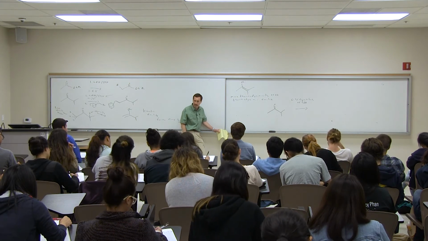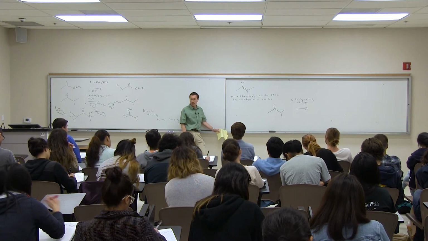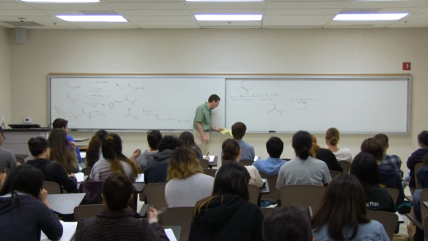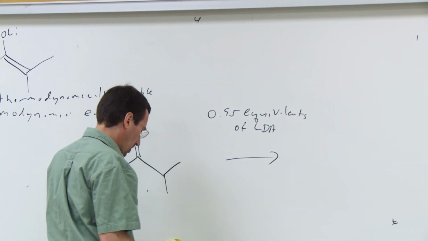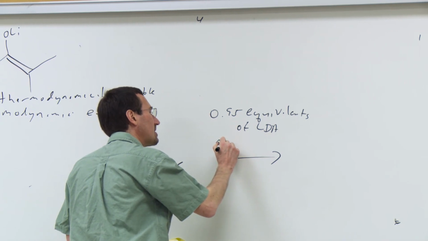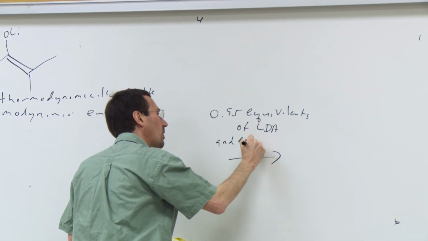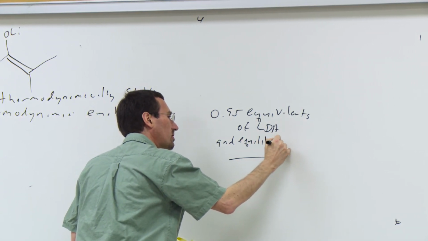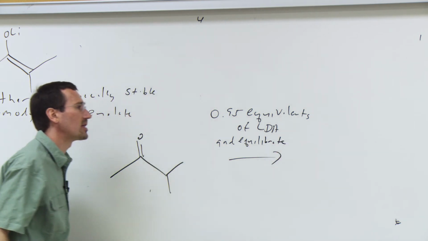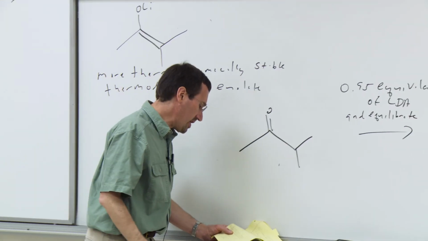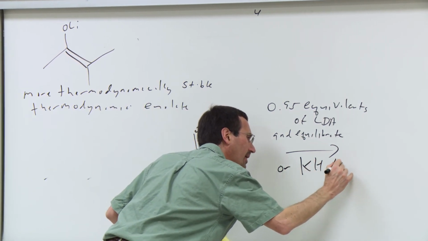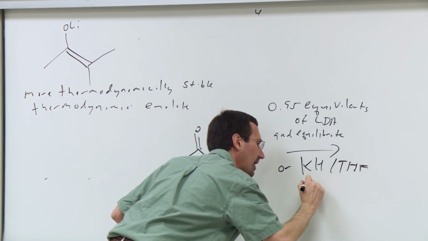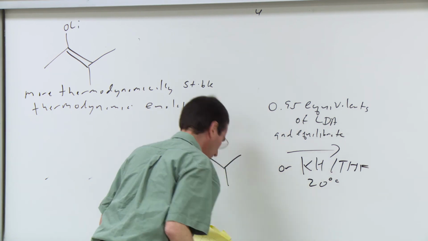You may get the kinetic enolate first, but your reaction mixture can equilibrate, particularly if you allow this to occur, meaning longer times or higher temperatures like 0 degrees, or we use a base like potassium hydride in THF at, say, 20 degrees Celsius.